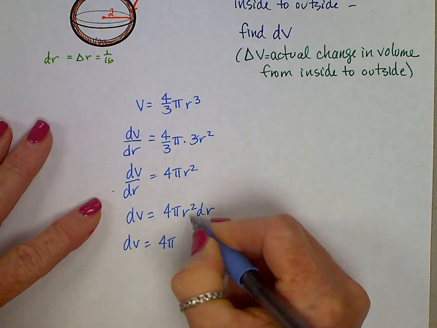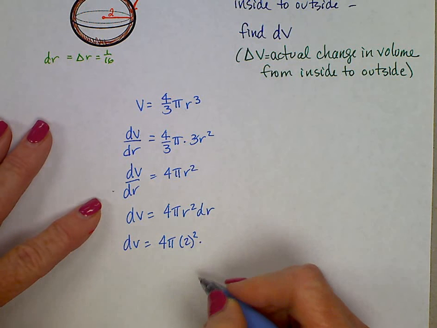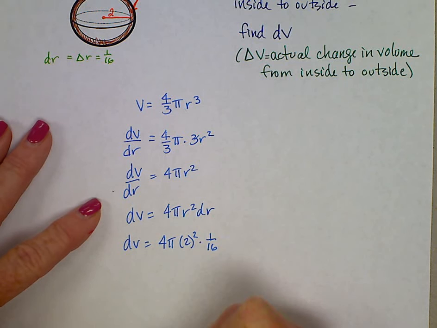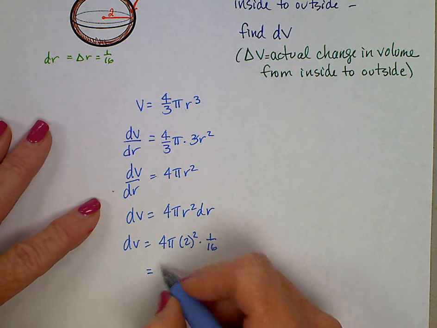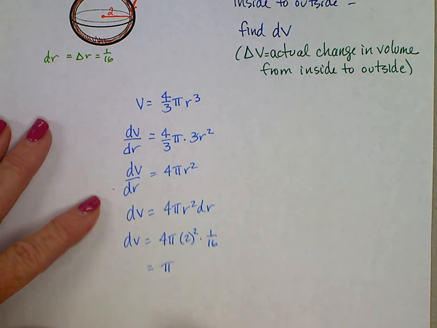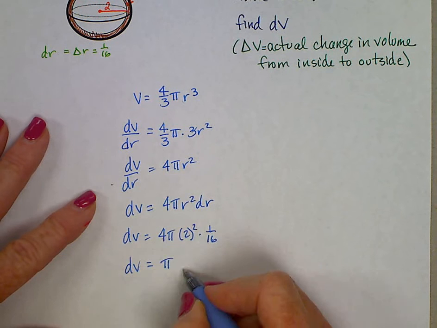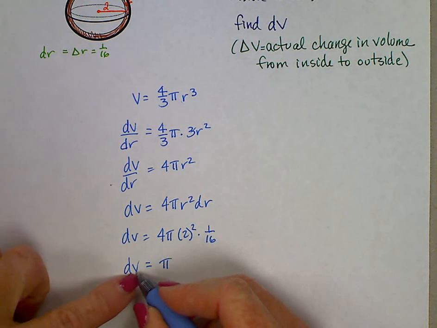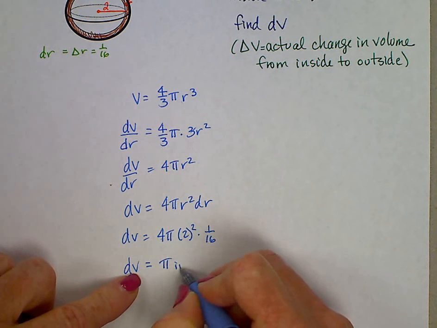And substitute in the information that we know. Original radius was 2. Change in radius is 1/16. And when we simplify, 4 times 4 is 16, cancels out with that. Just pi. So the change in volume, that capital D is the actual change and the little d is the estimated change in volume, in inches cubed.